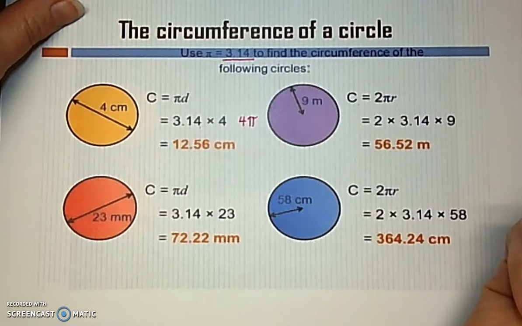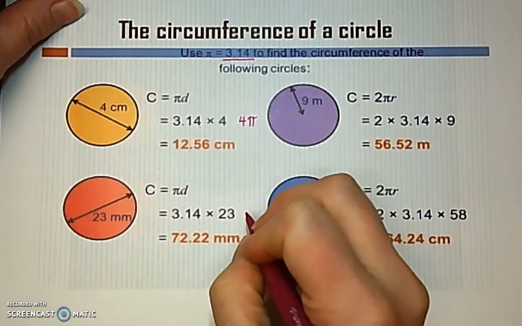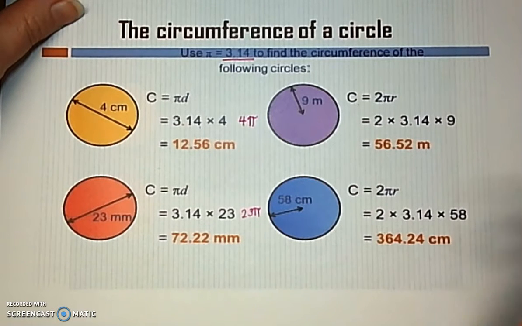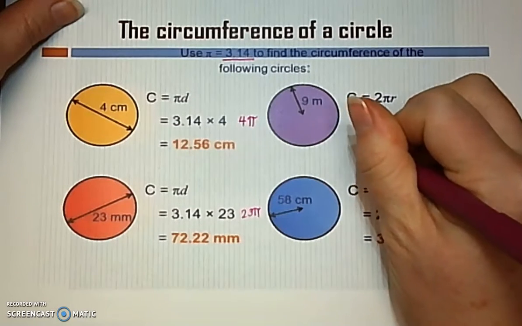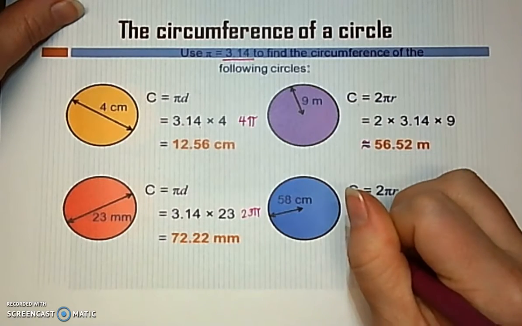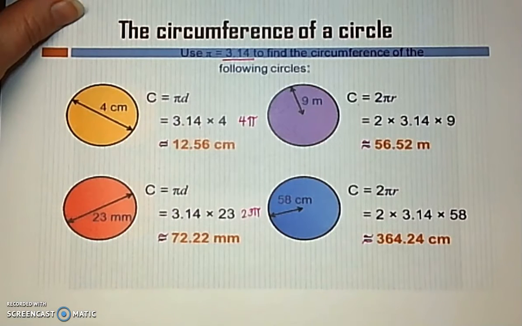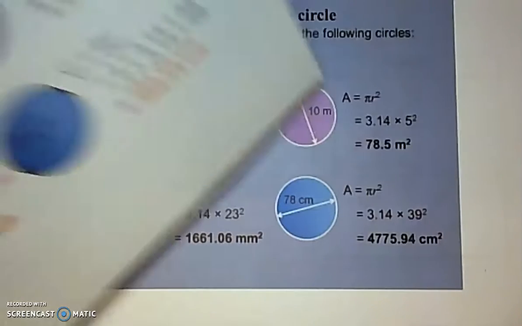So if I'm doing it in terms of pi, that would be 4 pi. This one would be 23 pi. And those could be my exact answers, as these are actually estimated answers and not completely equivalent, because 3.14 is simply an estimation or a rounding of pi.